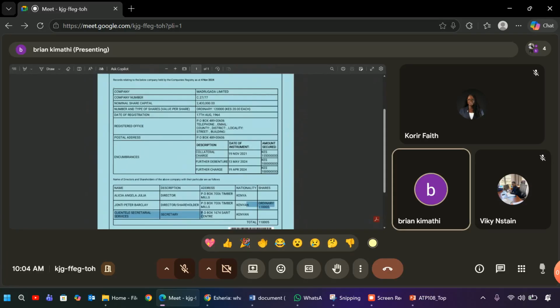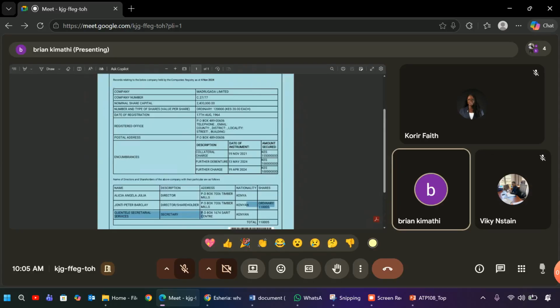When you change a director or a shareholder, from the date of application to the date of approval, it drags until it takes about 3 months. So when you're producing a CR12, you show what is there as at now. A CR12 is valid for only 3 months because it takes up to 3 months to make any changes.